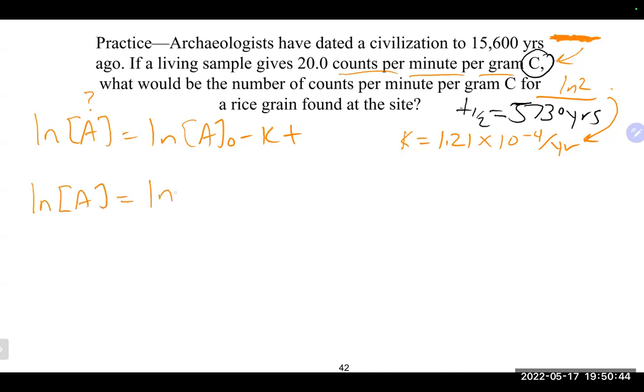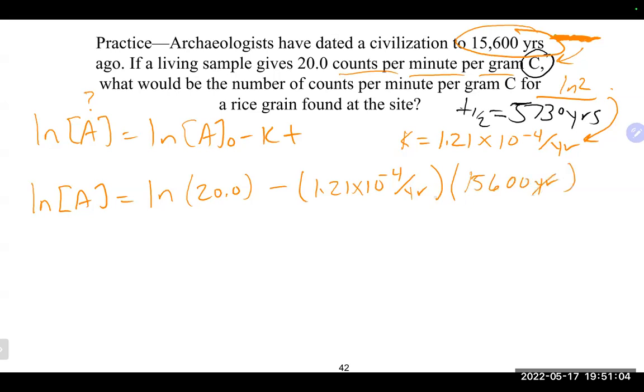So our initial is giving 20 counts per minute, and our k is in reciprocal years, which is okay because our unit of time here is also in years. So once again, these will cancel out.